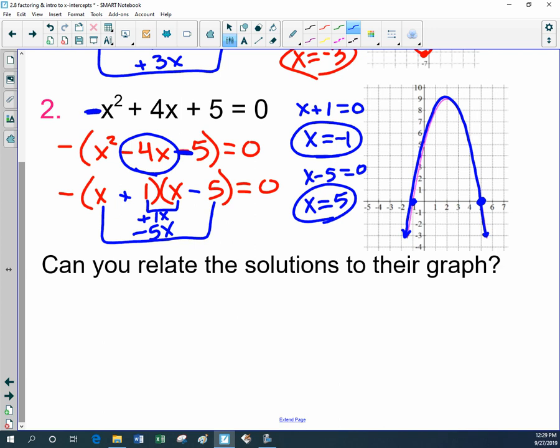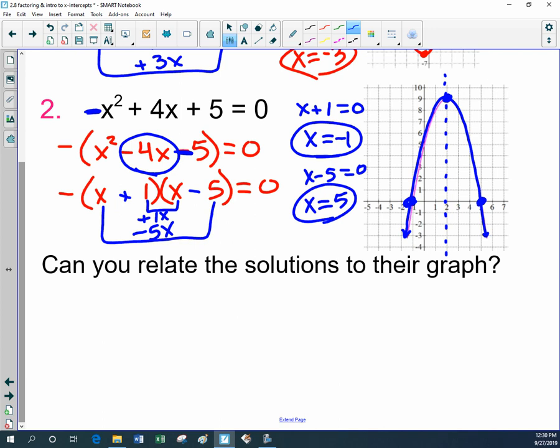Now one other piece of information. Going back to what you asked a second ago, you said, where do we put this point? I don't care where you put this point right now, but I do want you to do this: this graph is symmetrical. That means that this point right here, which is the vertex, needs to be halfway between these 2 points.